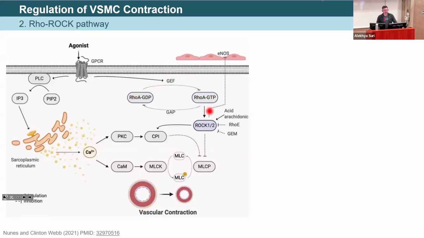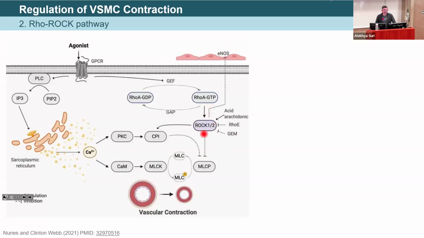Activation of RhoA leads to the activation of Rho kinase, ROCK, right? Activated Rho kinase has two synergistic functions that lead to contraction. Both of them involve inactivation, and hear the words because this is important.